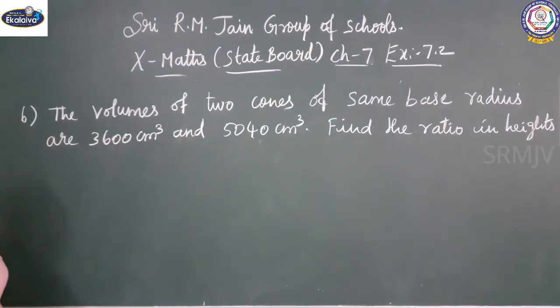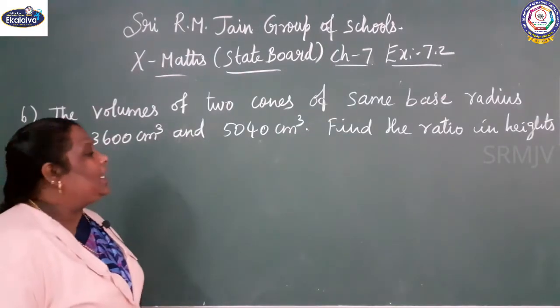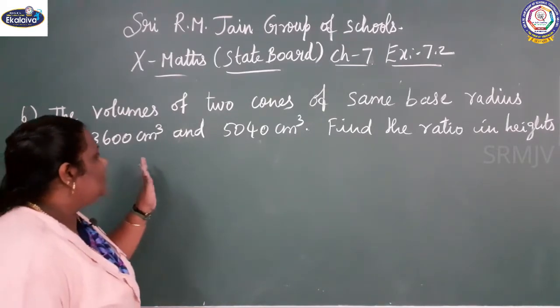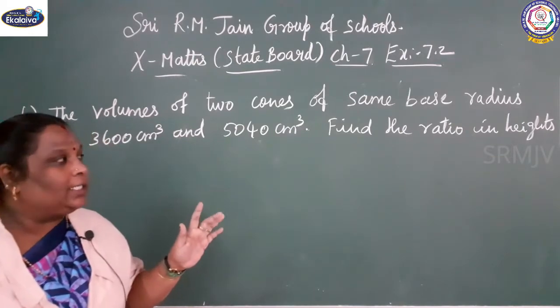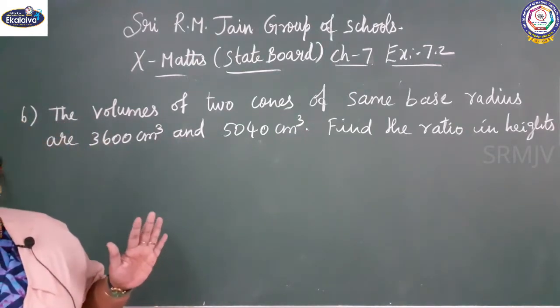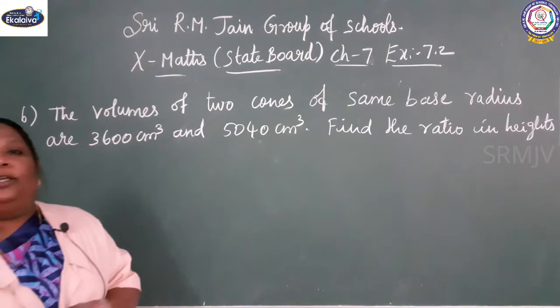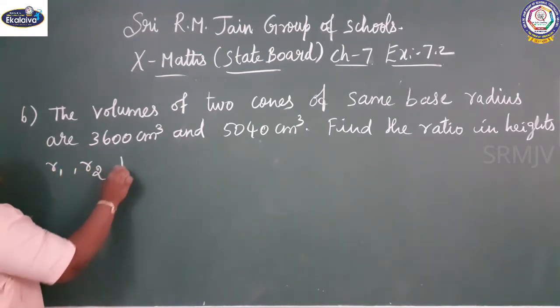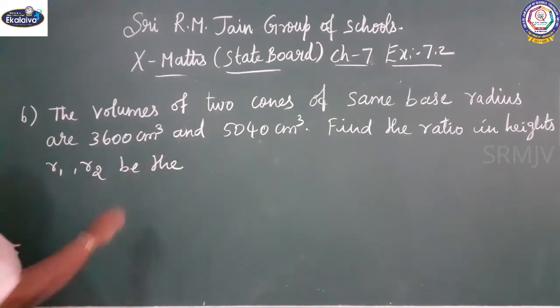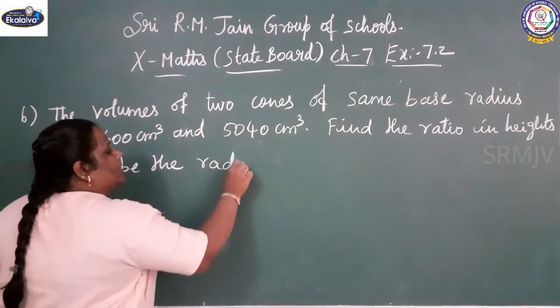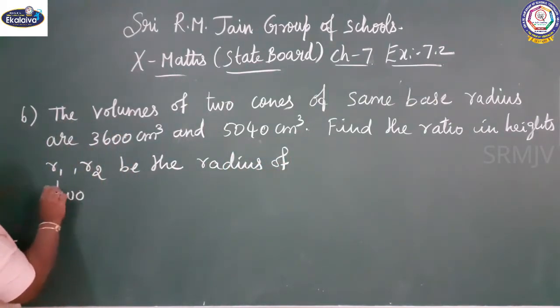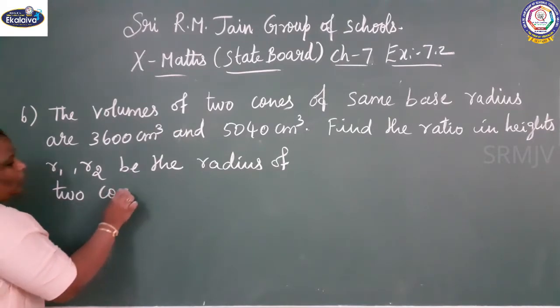See the sixth sum. The volumes of two cones of the same base radius are given in the question as 3600 centimeter cube and 5040 centimeter cube. You should find out the ratio of heights. So let R1, R2 be the radii of the two cones.